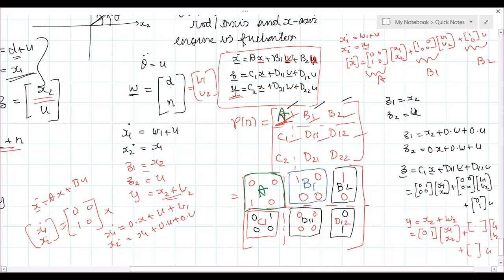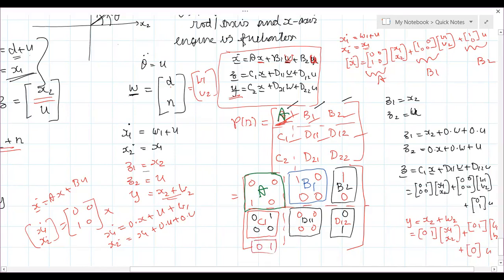Correct. Then what should be this D21? 0, 1. Right. It has the W2 term only. What about the U term? No U term. 0.